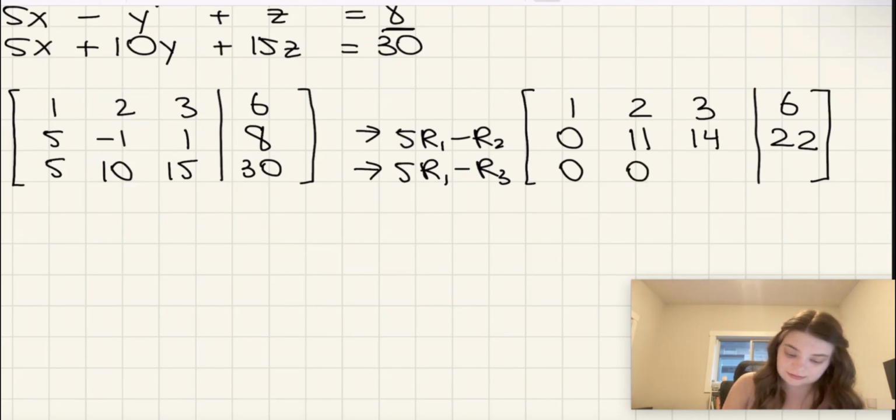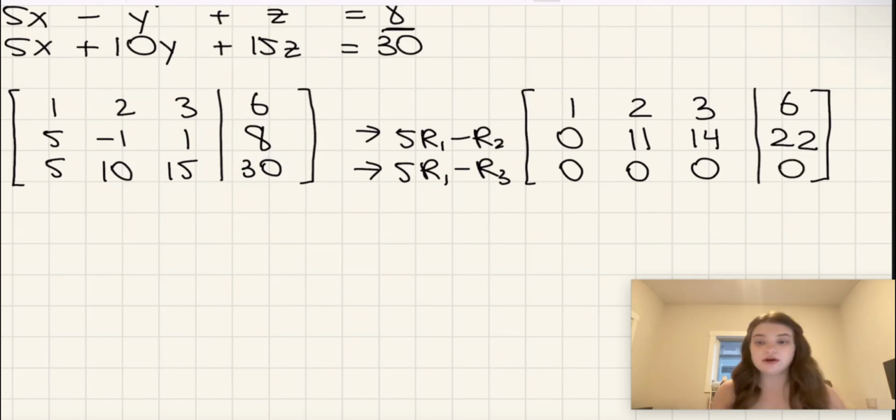Then we have 3 times 5 is 15, minus 15 is 0, so 0 goes here. And then, last but not least, we have 6 times 5 is 30, minus 30 is 0. So we have a whole row of zeros.